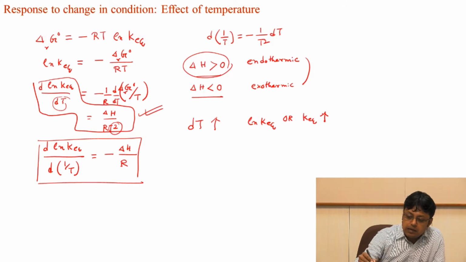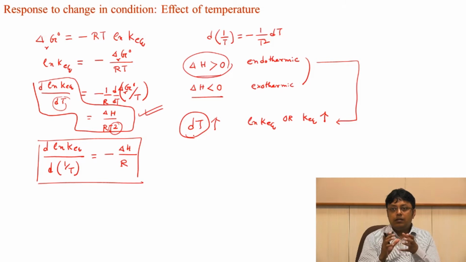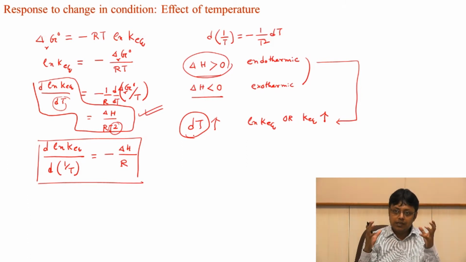How do you change the temperature of the system? You can only raise it by supplying heat from outside. So if I supply heat from outside and increase the temperature, then the K equilibrium of the reaction is also increasing, which means the product versus reactant ratio will be more, which means the forward reaction is getting more and more favored.